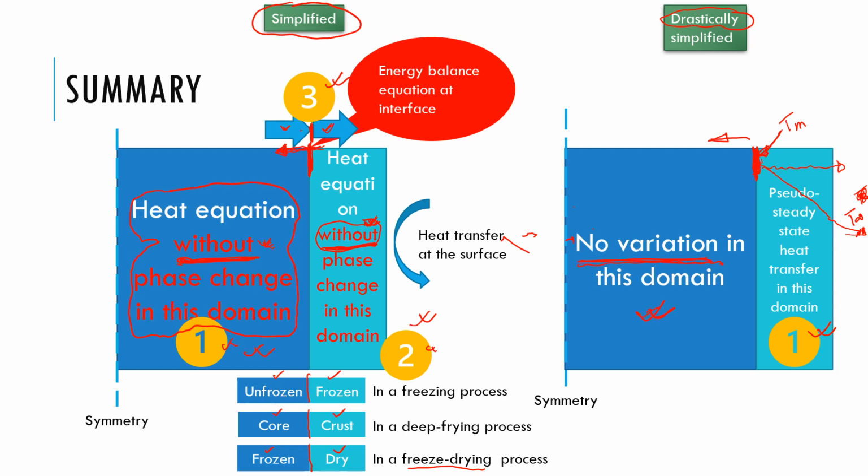So in both cases, this drastically simplified case or in this case, we get an equation for the interface as a function of time, and that tells us how long is the process. The difference between them is this one is even more simplified. It makes even more assumptions than just the simplified equation of a sharp interface.